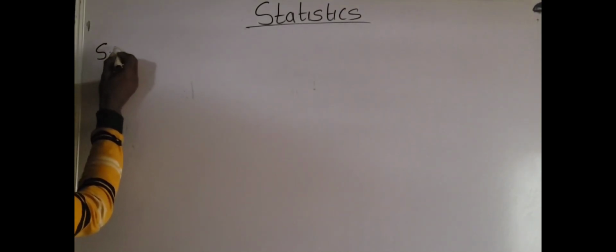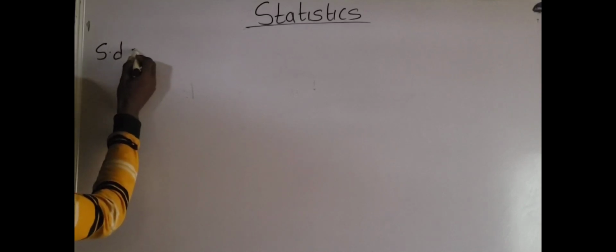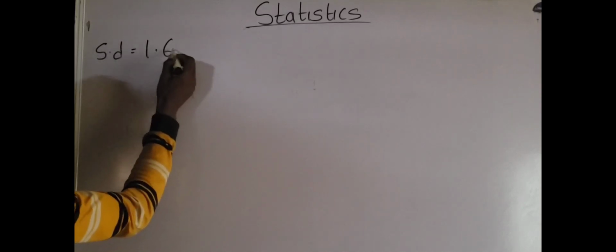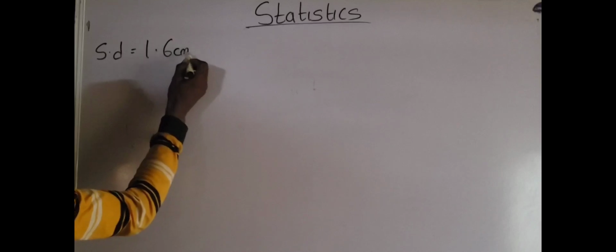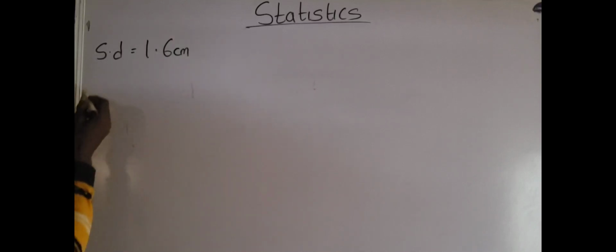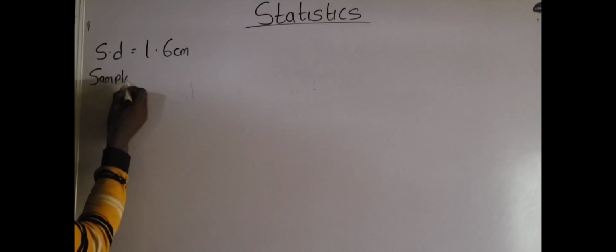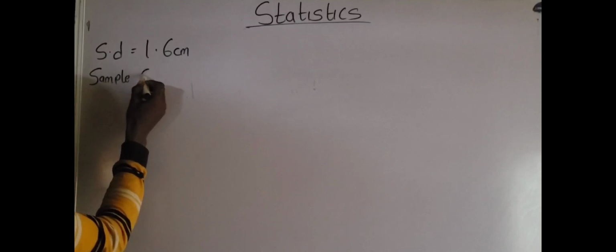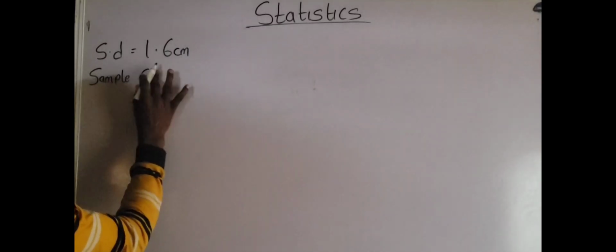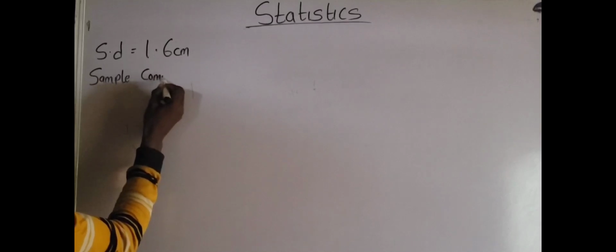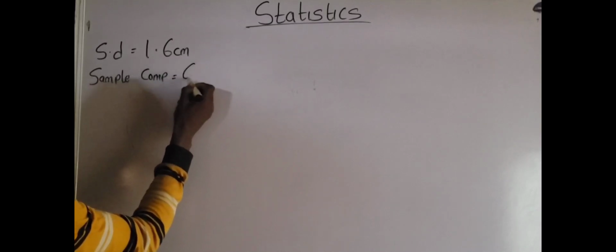Let's start by writing out the parameters that we are given in the question. We are given that the standard deviation, that is SD, is equal to 1.6 centimeter. And the sample component is equal to 64.